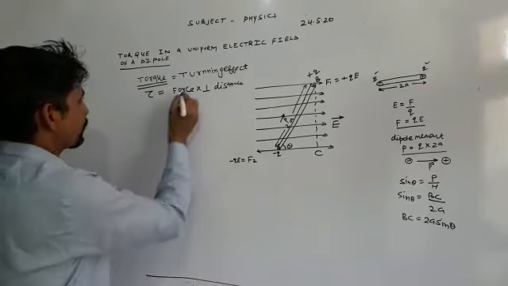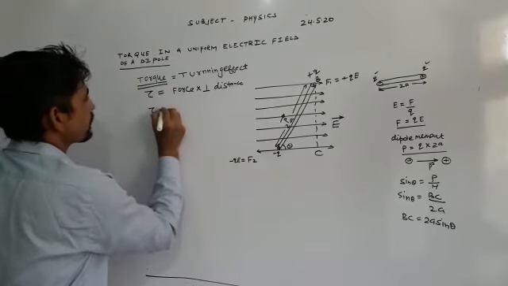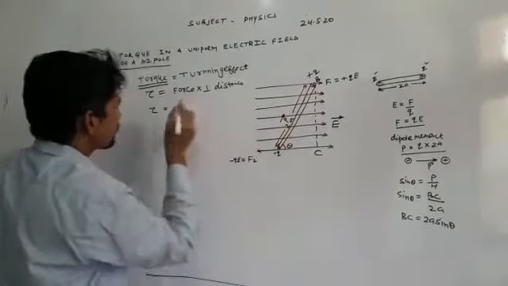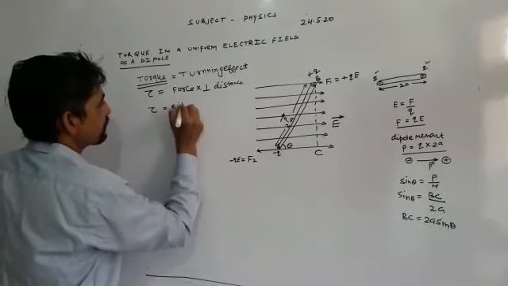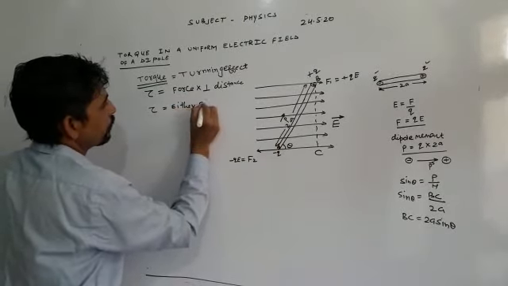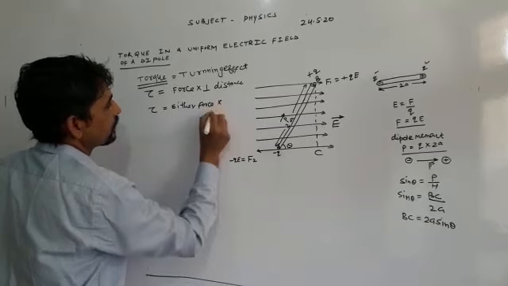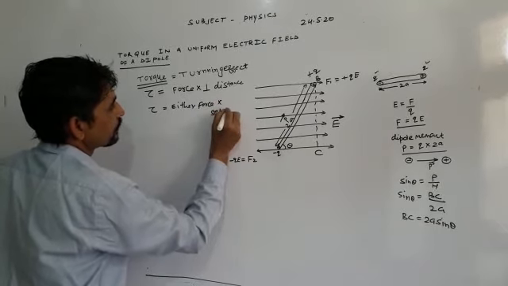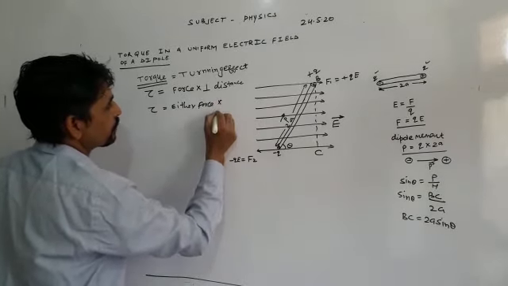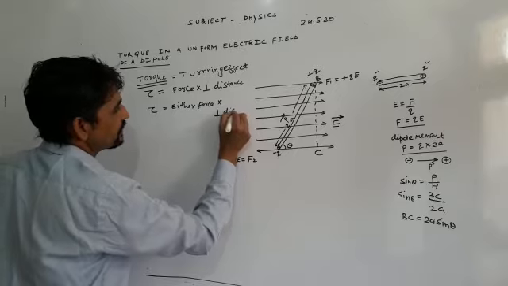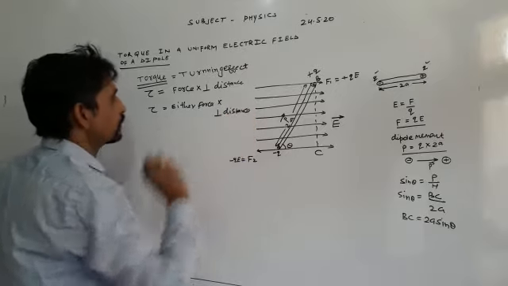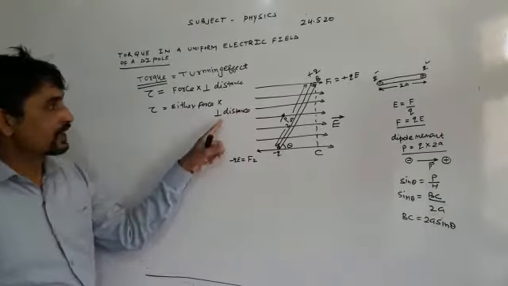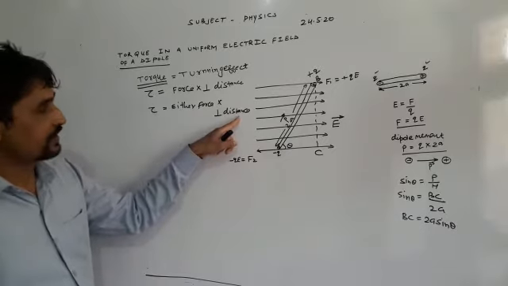So formula of torque can be written as, there are two forces, so we can write either force multiplied by perpendicular distance.